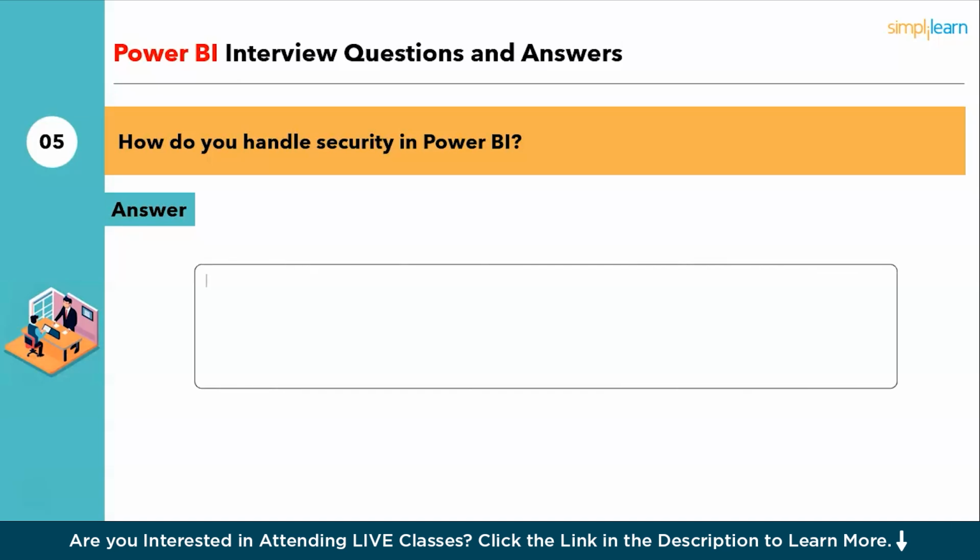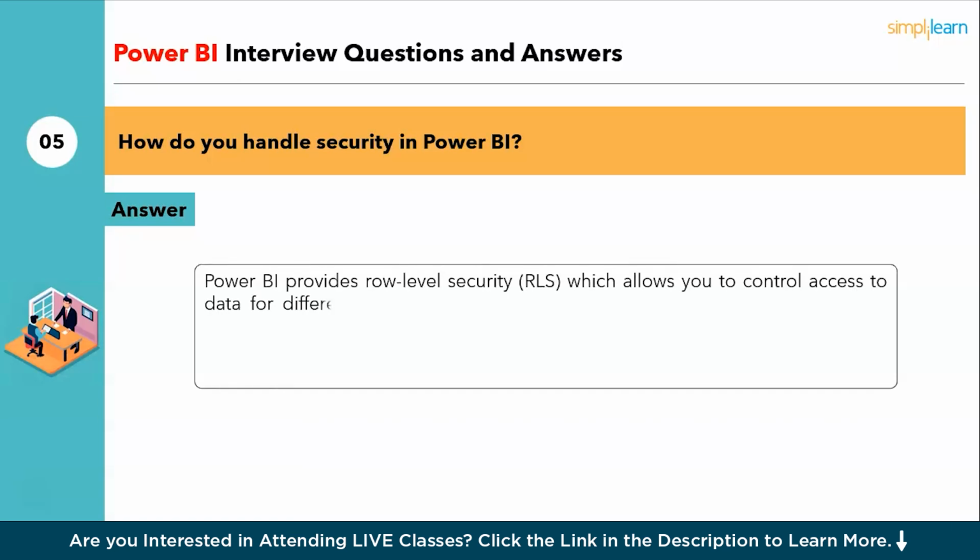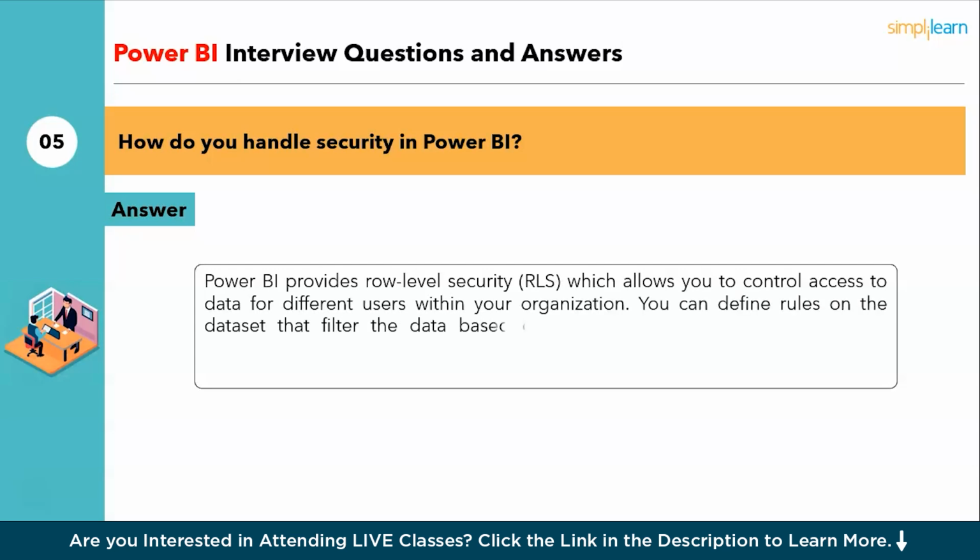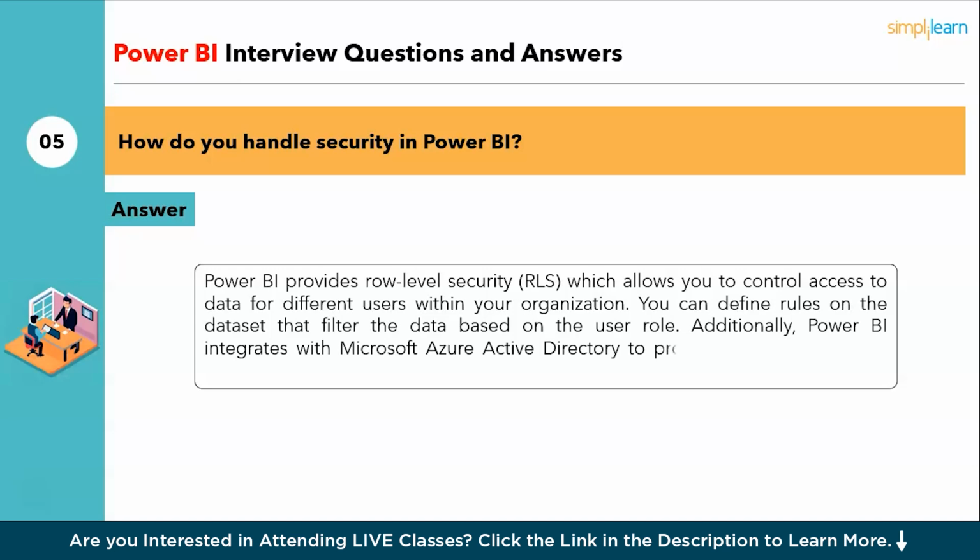So the answer for this question is: Power BI provides row level security, RLS, which allows you to control access to the data for different users within your organization. You can define rules on the dataset that filter the data based on the user role. Additionally, Power BI integrates with Microsoft Azure Active Directory to provide authentication and authorization.